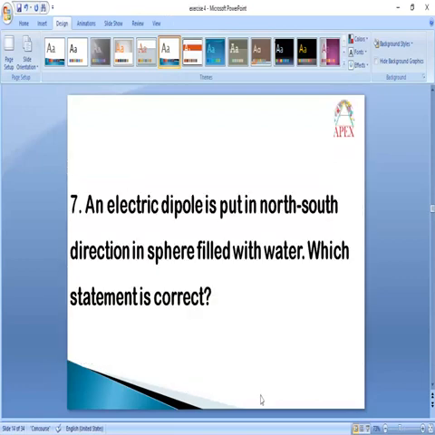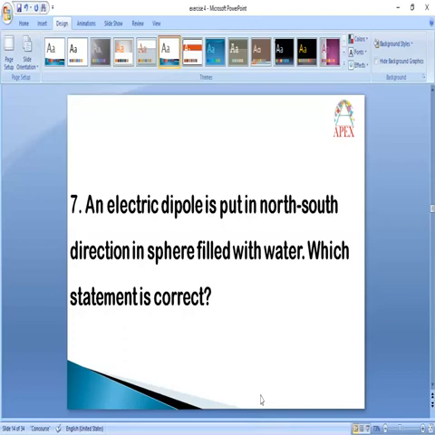Next question number 7. An electric dipole is put in north-south direction in sphere filled with water. Which statement is correct given? When dipole is placed in a complete sphere, what is the total charge on the dipole?